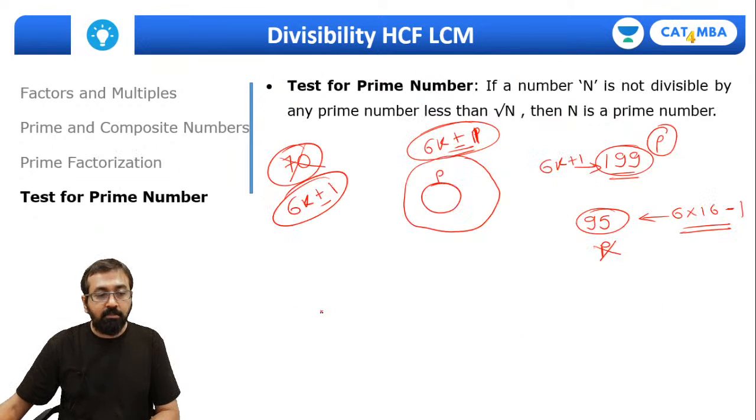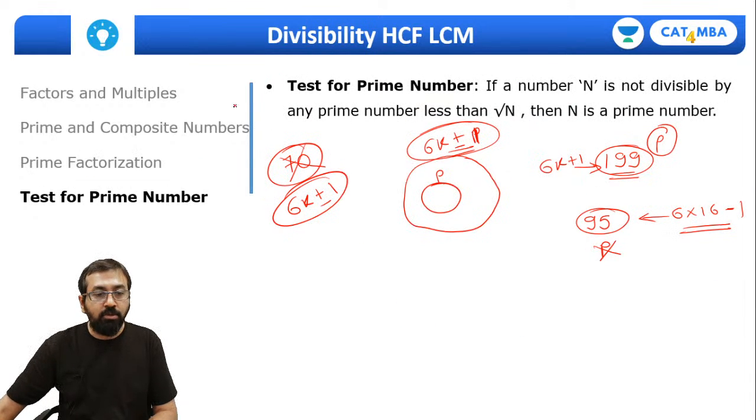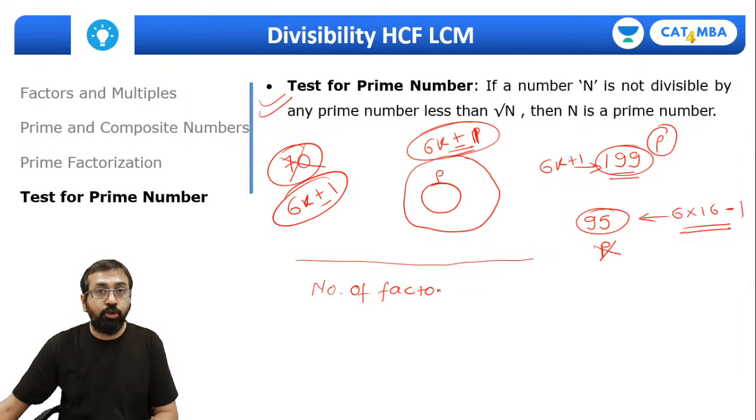Okay. In fact, if you know the prime factorization concept, then you can also quickly calculate the number of factors of any number. So before we go ahead with the test for prime numbers, just pay your attention to the concept that we didn't discuss yesterday: how to quickly find out the number of factors of any number. If you want, you can note down this point because this was not discussed yesterday.